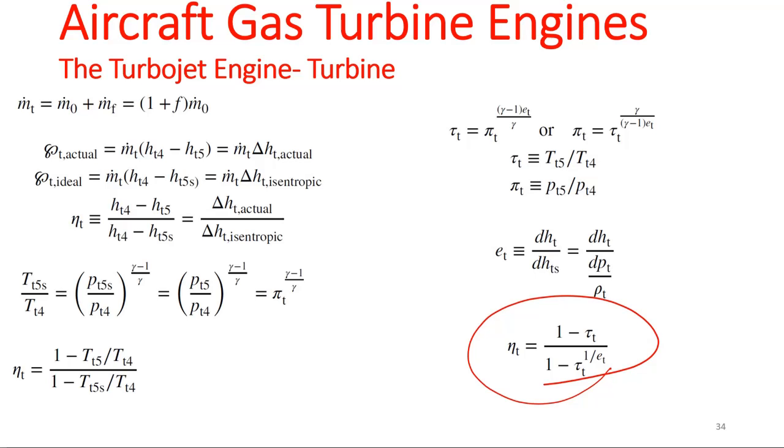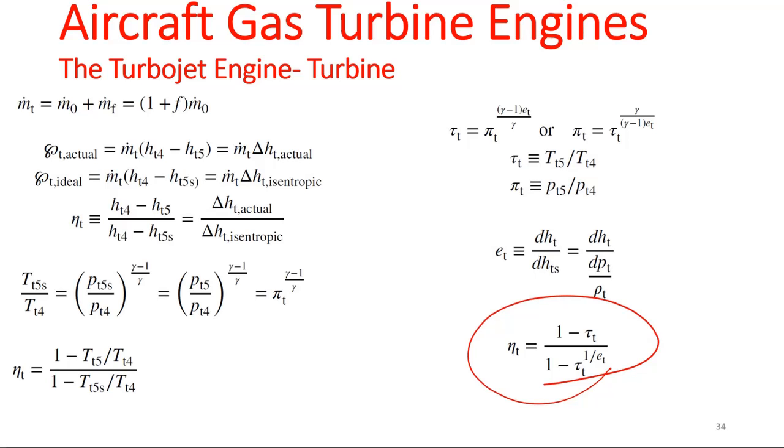Eta of T is equal to 1 minus tau of T over 1 minus tau of T to the power 1 over e of T, right? We have eta of T, we have tau of T. We want to calculate e of T, the polytropic efficiency.